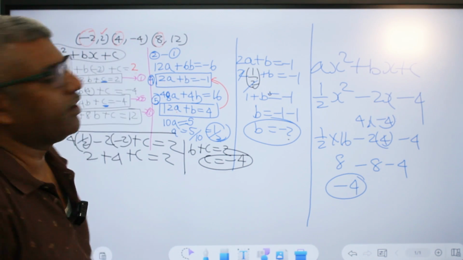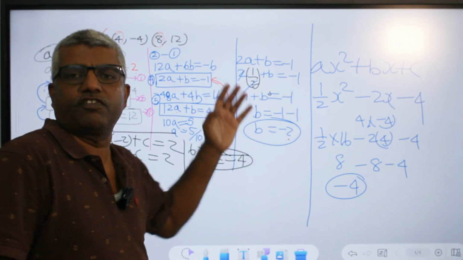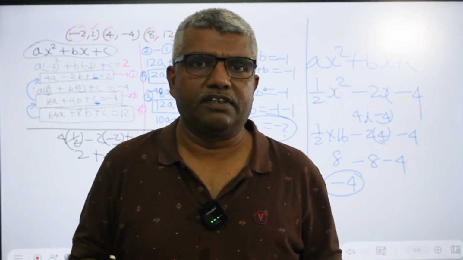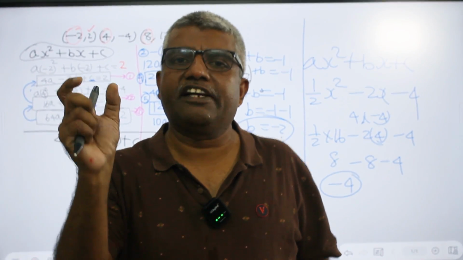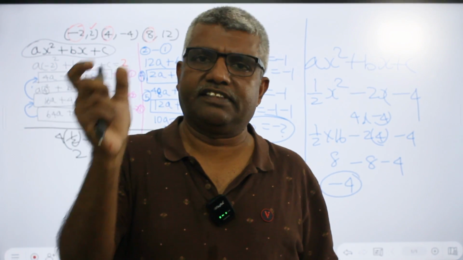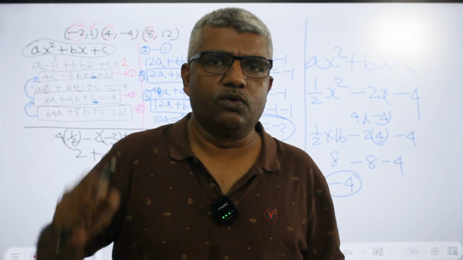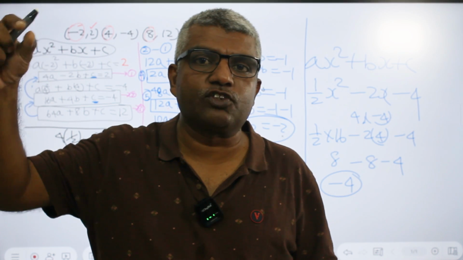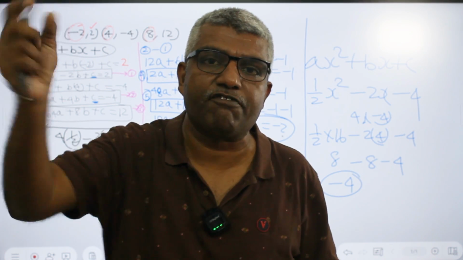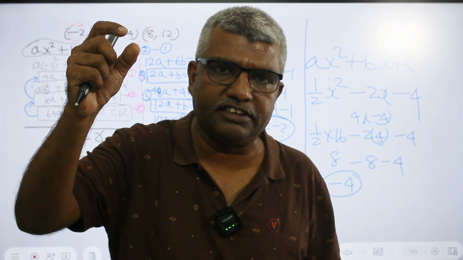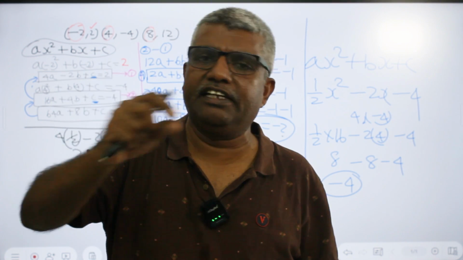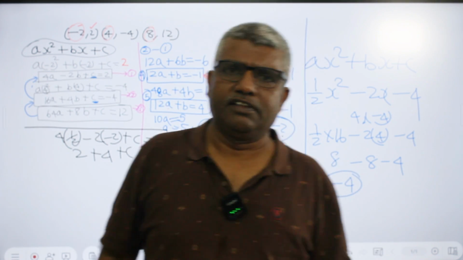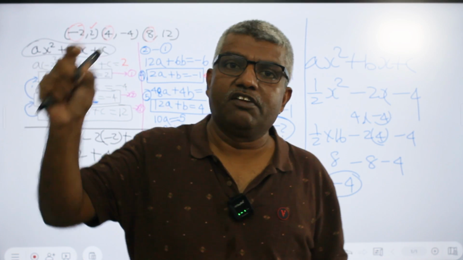If we substitute any other point also, it will match. They have given 3 points. In each point, the first is the x coordinate, the second is the y coordinate. So you substitute the x coordinate in place of x in ax squared plus bx plus c is equal to the y coordinate of the first point.